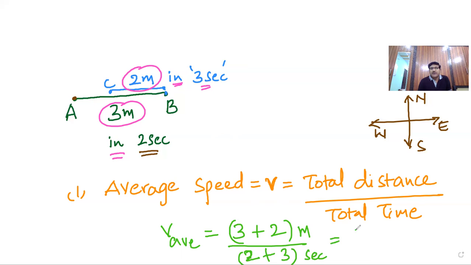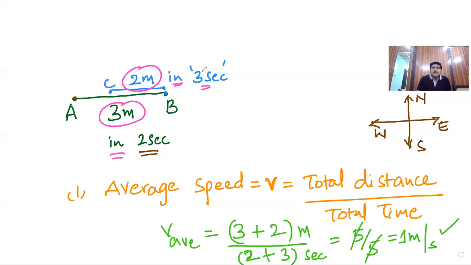So 5 meters by 5 seconds, which is 1 meter per second. The average speed is 1 meter per second.